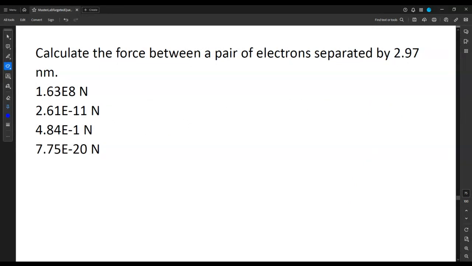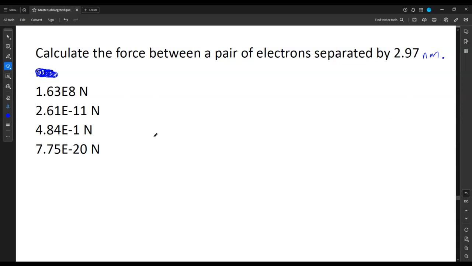All right, just a handful more. So we semi-recently had a gravitational force question, and this one's going to sort of mimic that. Unfortunately, my units got sent to the next line, so I'm going to bring them back up, just to make it more consistent and easy to see.